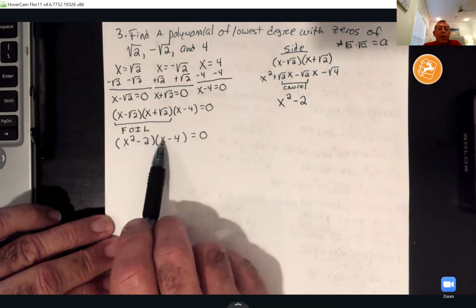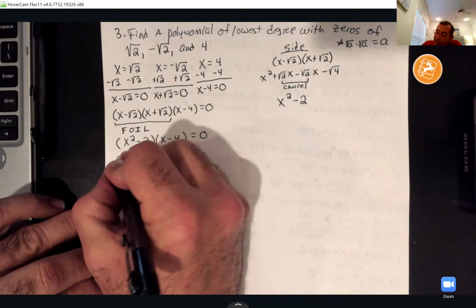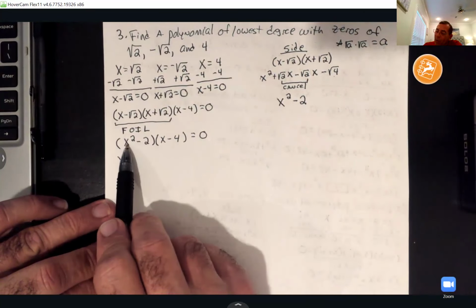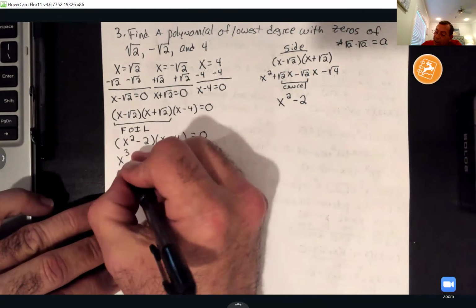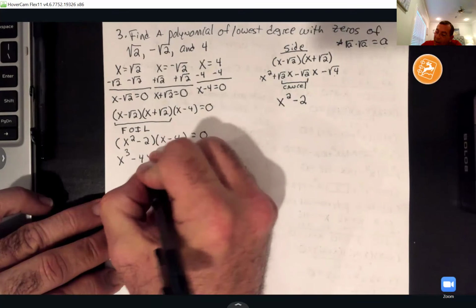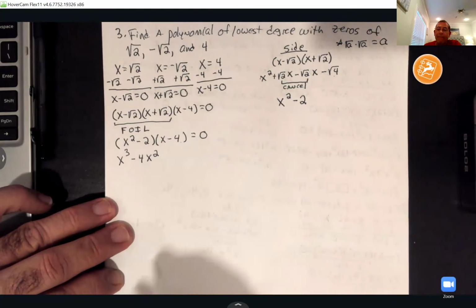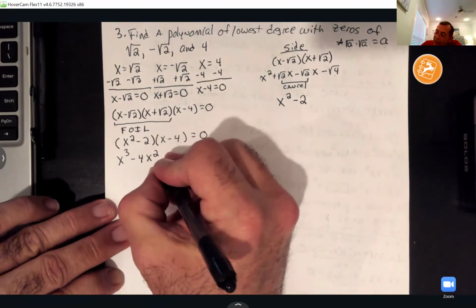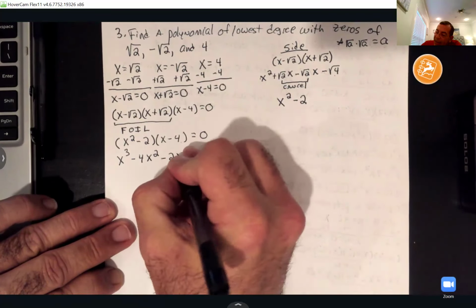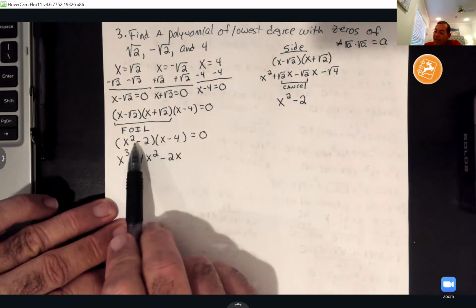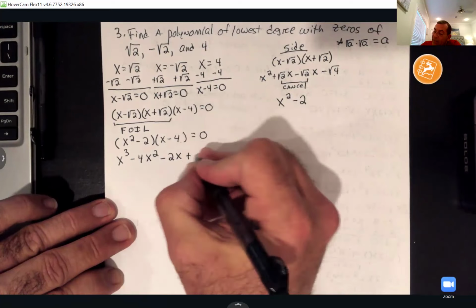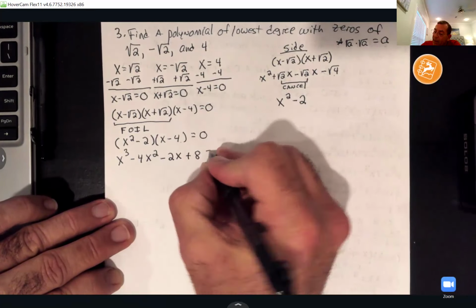So this x squared times x, that's going to give me my x to the third. X squared times negative 4 is a negative 4x squared. Negative 2 times x is a negative 2x. And then finally, negative 2 times negative 4 is a positive 8.